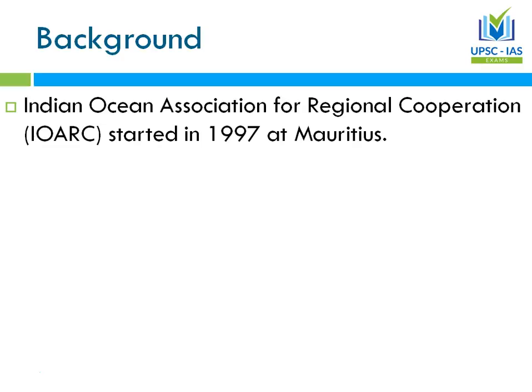Indian Ocean: most of the countries that have a border with the Indian Ocean would be part of this association, and this association is for regional cooperation. That means the whole region is going to cooperate with each other. That was the basic idea, or the basic theme of IOARC.